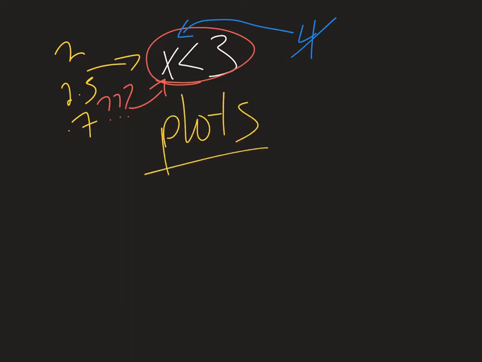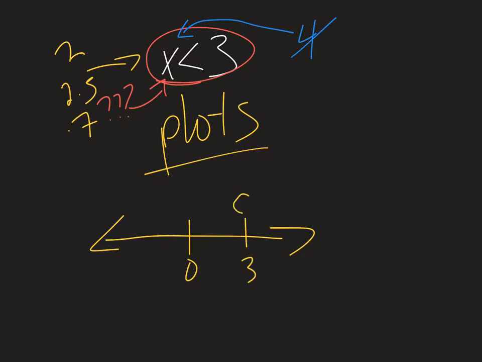And usually when we're talking about solutions to inequalities, we're talking about a whole range of values, not just one value here, one value there. We're talking about a whole gamut. So the idea is if I wanted to plot this, I would go to 3, because that's ultimately what we're saying here, that x is less than 3.